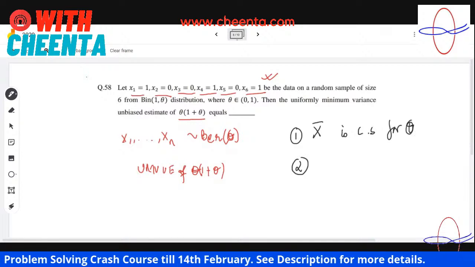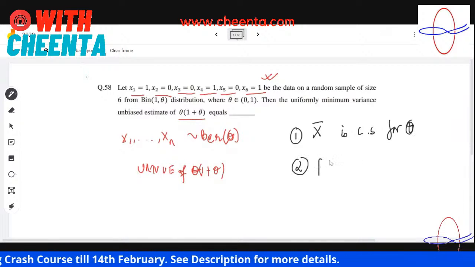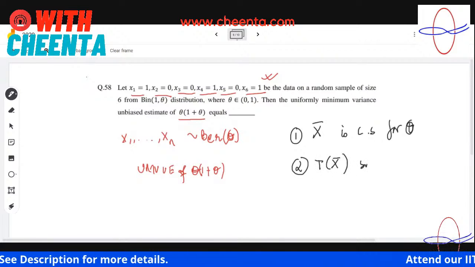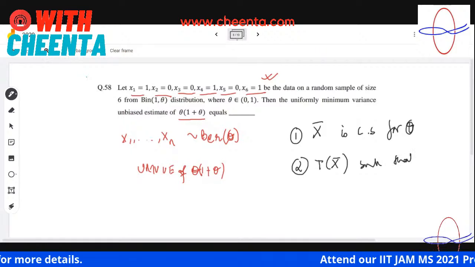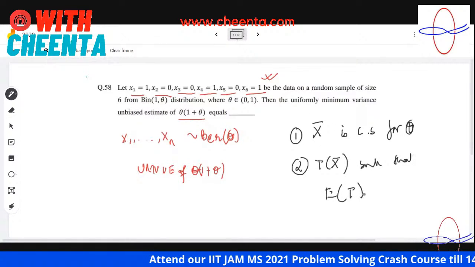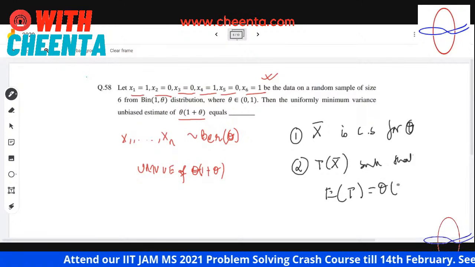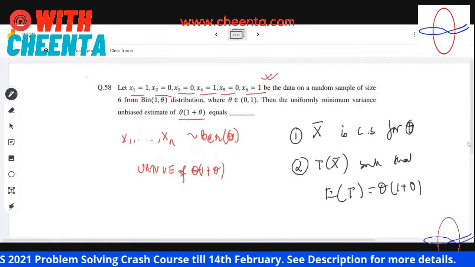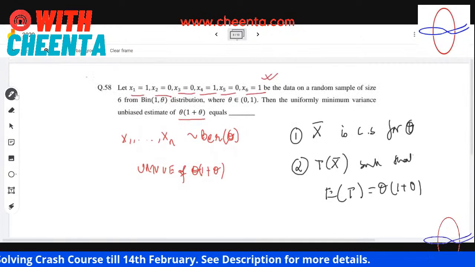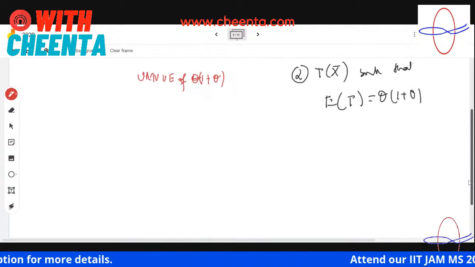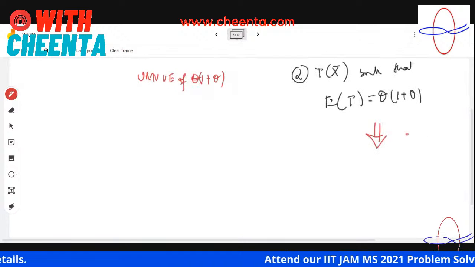And now what we will do is find a function T of X bar such that the expectation of T of X bar is equal to theta into (1 plus theta). Why? If we do that, then by the Rao-Blackwell theorem it will imply that T of X bar is the UMVUE. That is the idea.